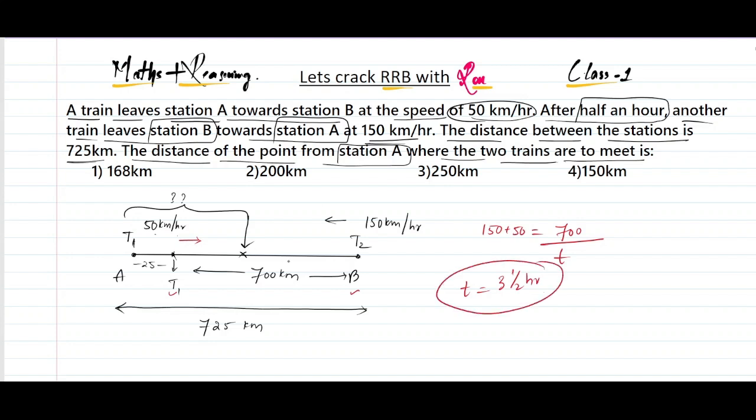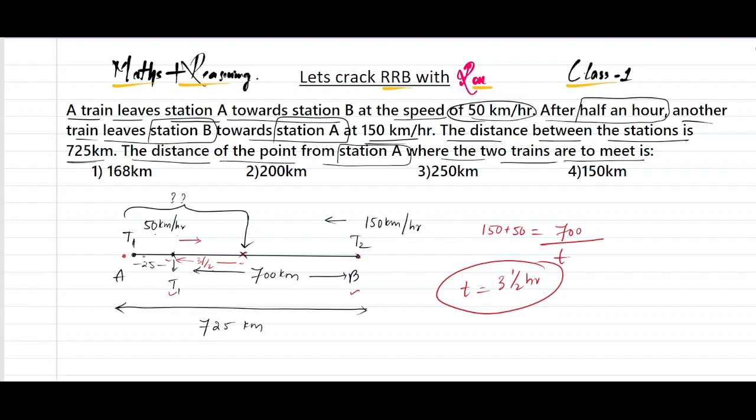So the time taken by T1 train from here to here is equal to the time taken by train 2 traveling from here to here. So T1 train took 3.5 hours from this point to the meeting point, but our question is from point A, means at the meeting point.